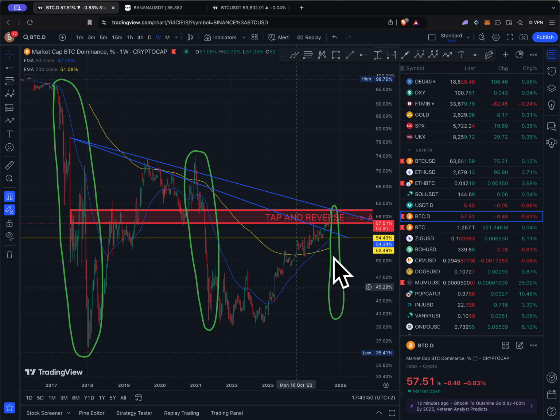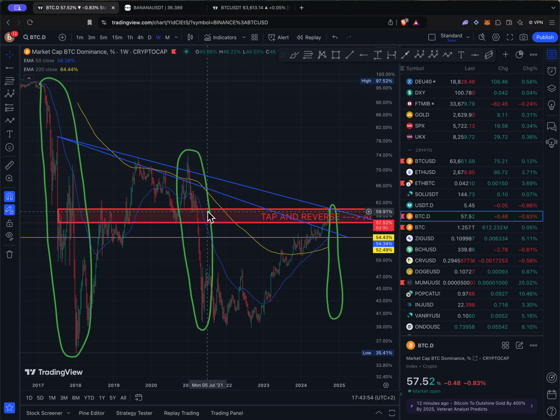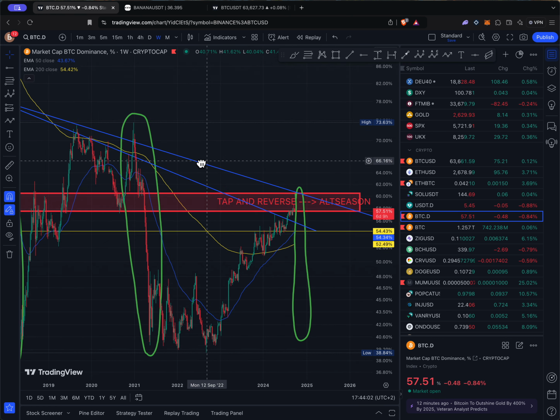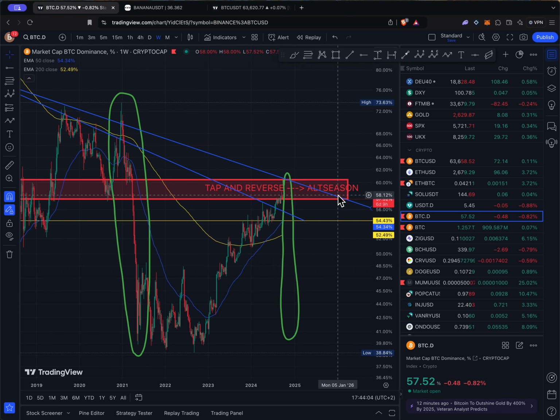I showed in my channel this chart, I think, a couple of times already. This was since months and months, since we were probably here in March. This was the top and reverse alt season zone. But this hasn't a total complete value unless BTC goes to a new all-time high.